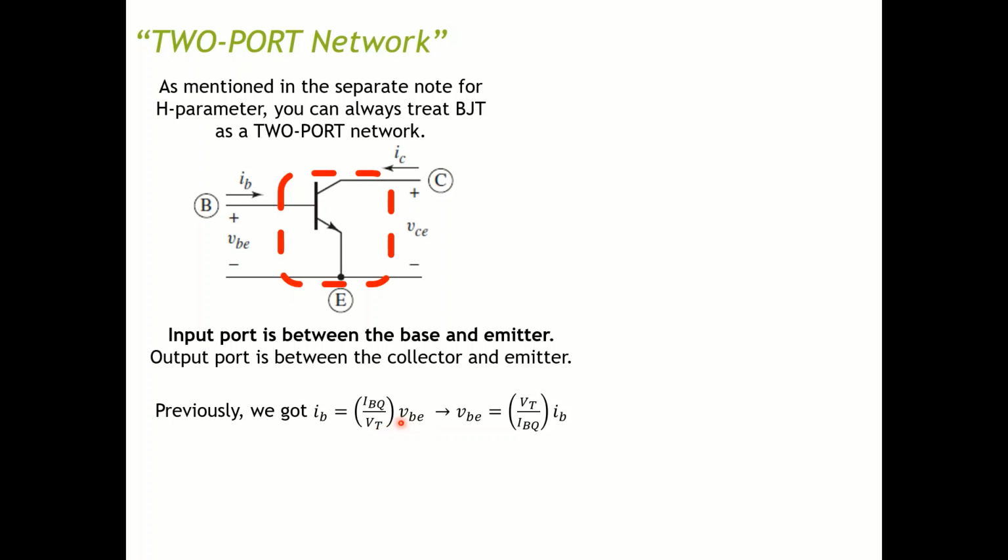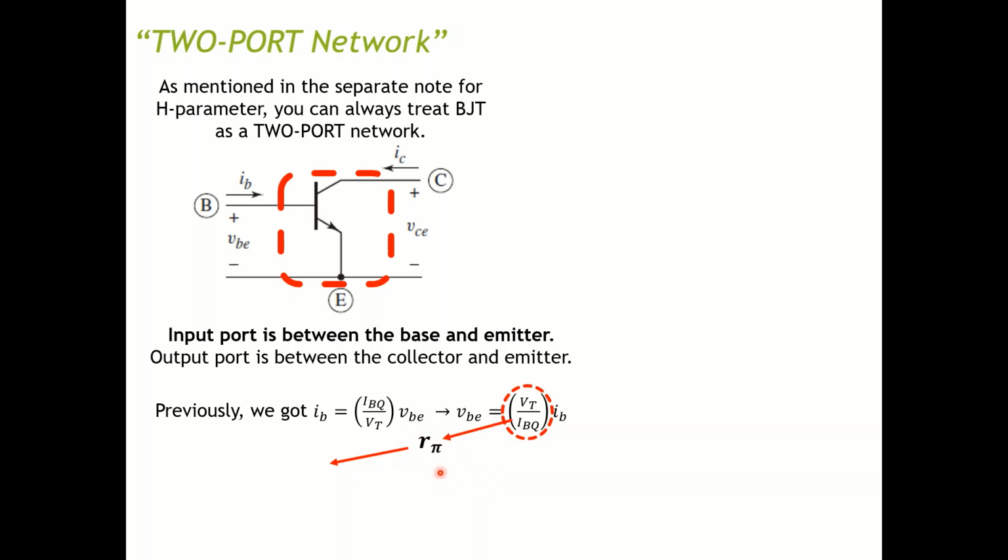So we can rewrite it as v_BE equal to V_T over I_BQ multiplied by i_b. Because V_T and I_BQ are constants, you now have a linear relationship between v_BE and i_b, and that's what we did before. We tried to establish a linear relationship in our system, right?